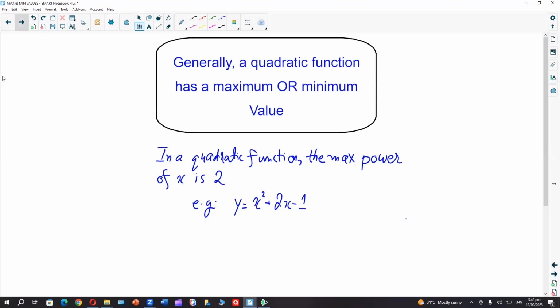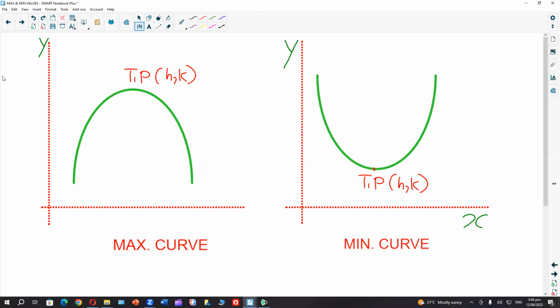Look at the shape of the graph. There are two graphs. One is called the maximum curve, which is a sad face, and one is called the minimum graph, which is the smiley face, the TP. TP stands for turning point. You have to copy these two shapes.